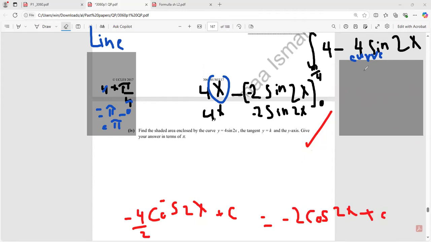Then we're going to subtract the curve. Here we have negative 2 cosine of 2 multiplied by pi over 4, which is pi over 2, so cosine 90, cosine pi over 2, equals 0. Then minus cosine 0, which equals 1, multiplied by negative 2, so it equals minus 2.